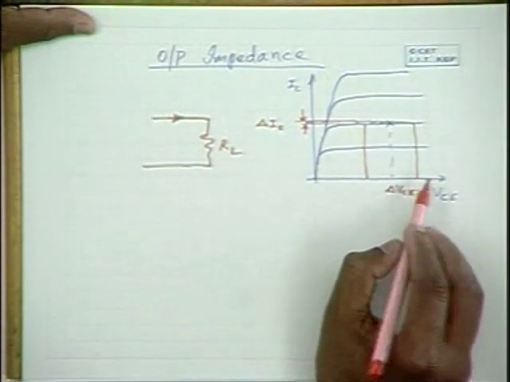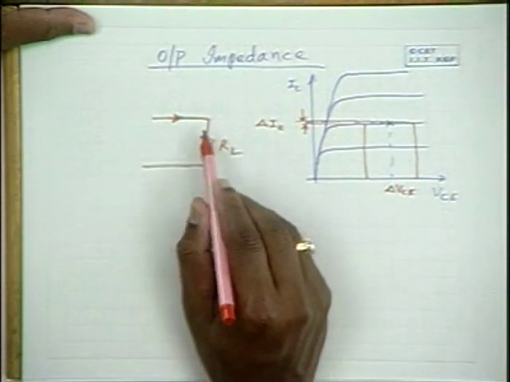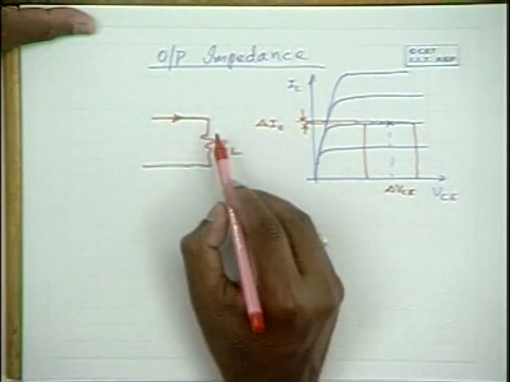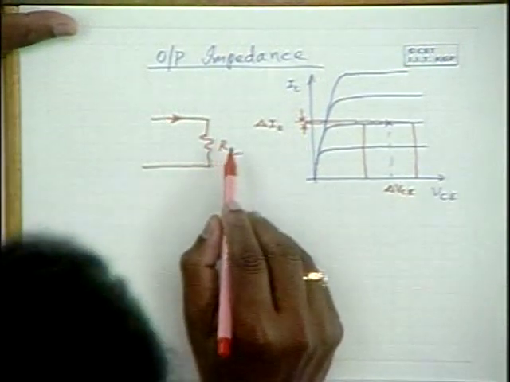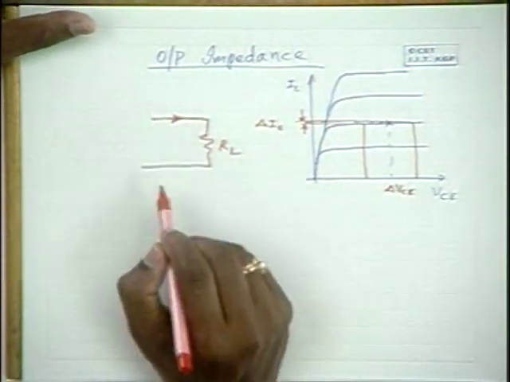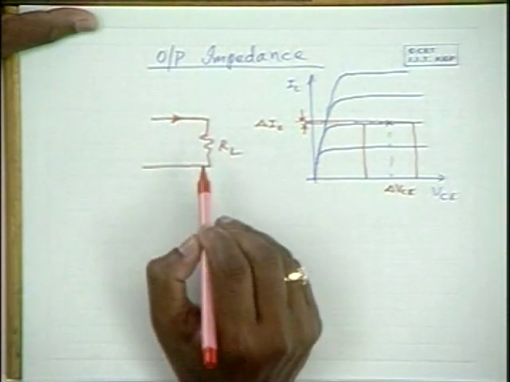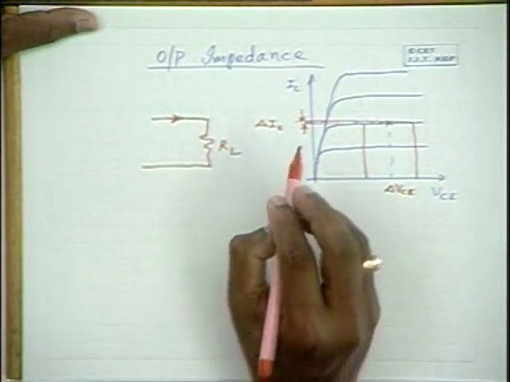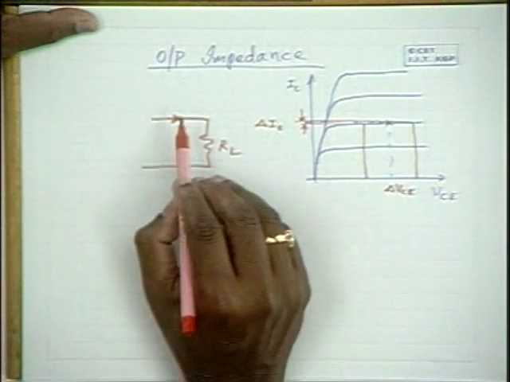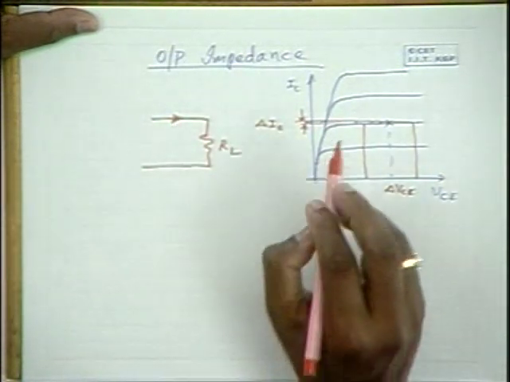And when the output voltage is small, that means the load resistance is small, you will find the current increasing, and under short circuit conditions the current is very large. So this is what happens. This is what I am talking of in terms of alternating components.